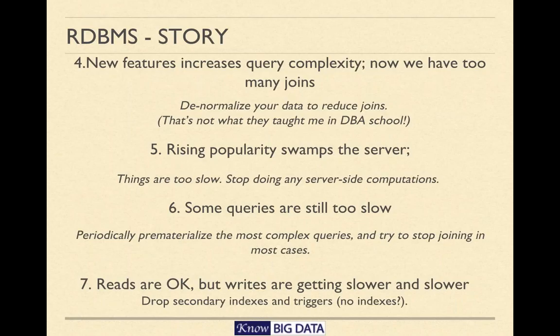All those triggers cause delay in the writes, because every time you modify a table, all of those trigger logics have to be fired. So you start dropping secondary indexes and triggers as much as you can in order to make the writes faster.